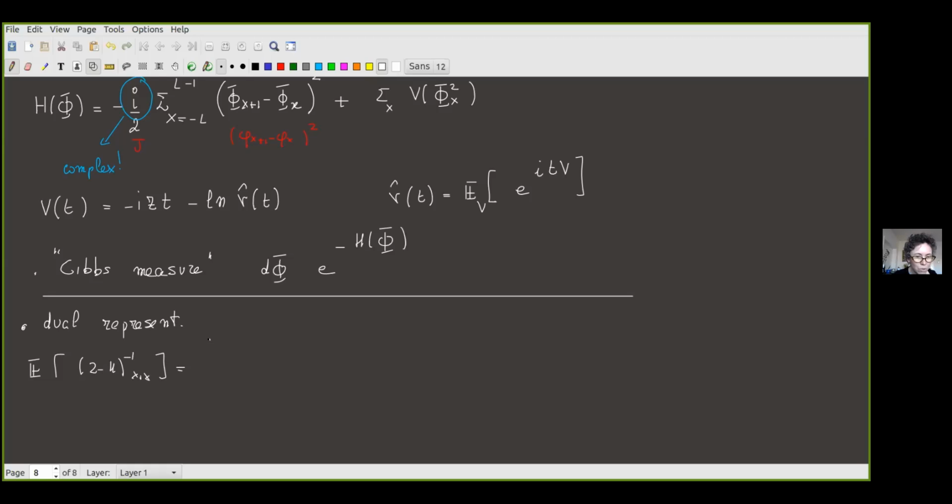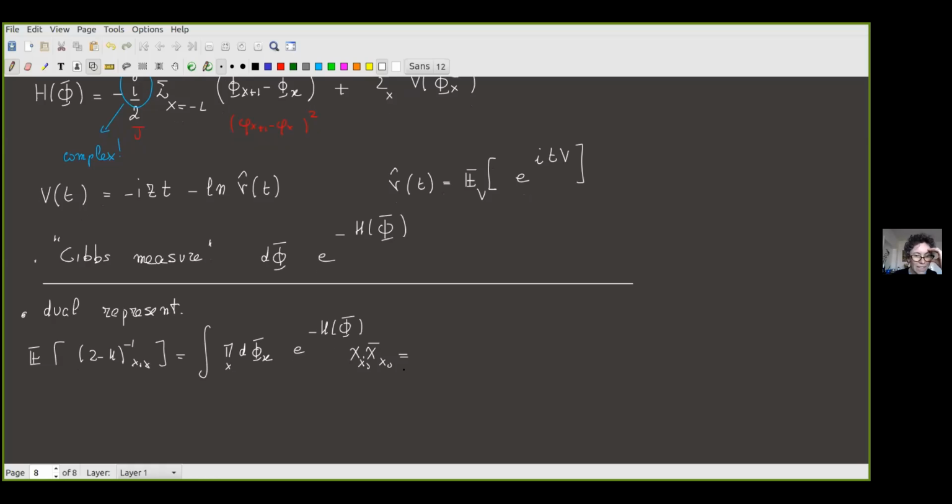So remember that this was the integral product of the phi x e to the minus H phi T x0. And now you may wonder why I'm not dividing by a normalization constant.